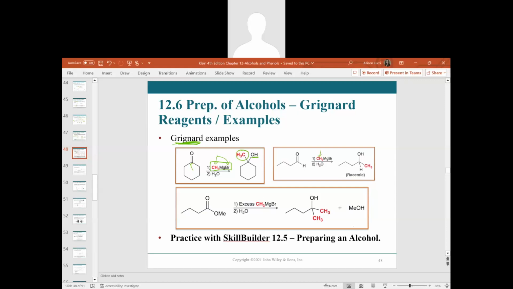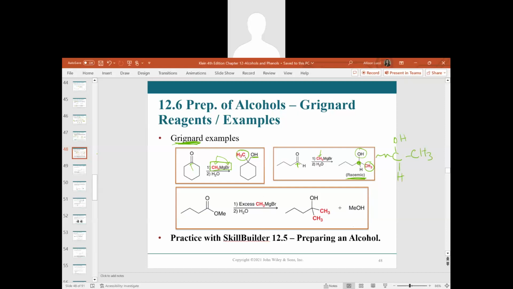We'll add a methyl group to our carbonyl, and the carbonyl was reduced, and now we have the alcohol. But we're told this would be a chiral center. As you can see, we have four different groups on our carbon there. We have a methyl, we have our hydrogen, we have our alcohol, and then the rest of the compound. So we would form a racemic mixture of the enantiomers of that alcohol.